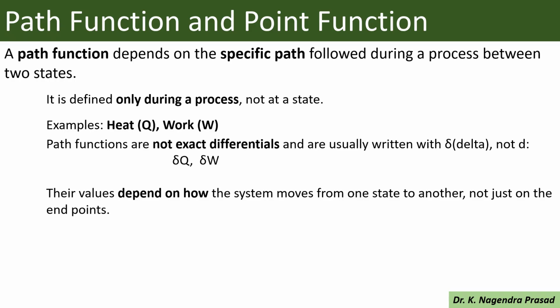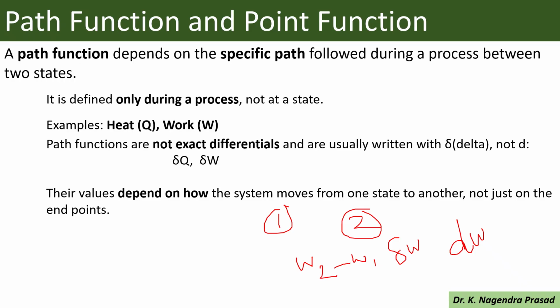For example, let's consider the work done during the change of state from 1 to 2. The work done from 1 to 2 is not W2 minus W1, it is delta W, not dW. But in the case of volume, it can be written as V2 minus V1, which is equal to dV.